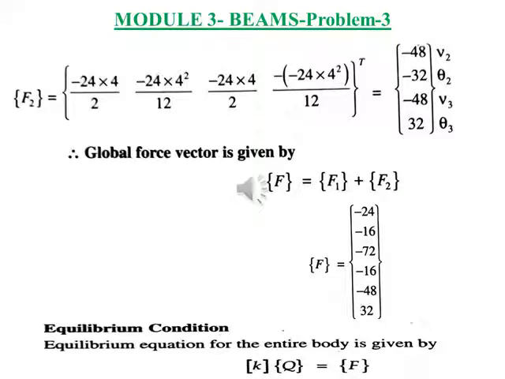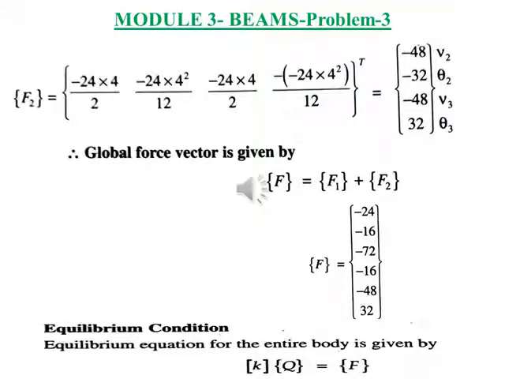So here you can observe for element 2 the load vector is minus 48, minus 32, minus 48, plus 32. Now adding both the vectors, we have to observe that mu2 and theta 2 are present in both the load vectors, hence they have to be added.